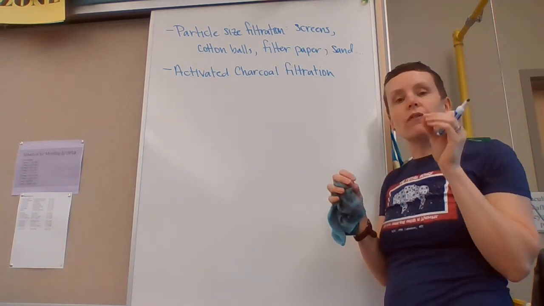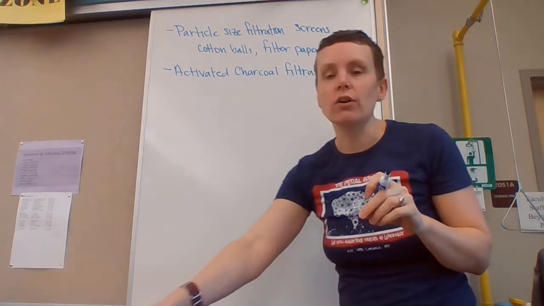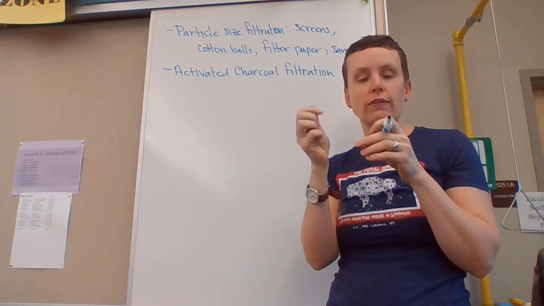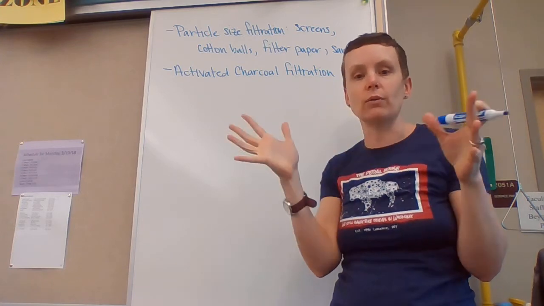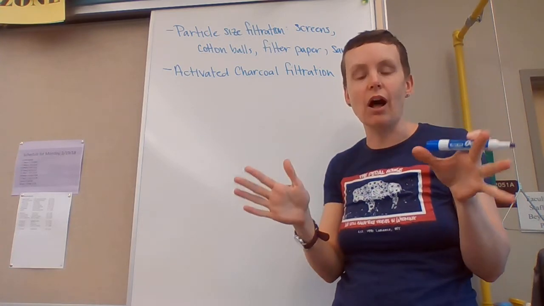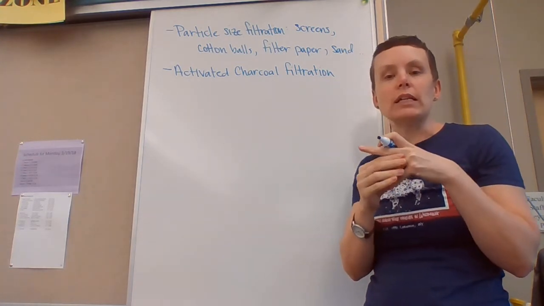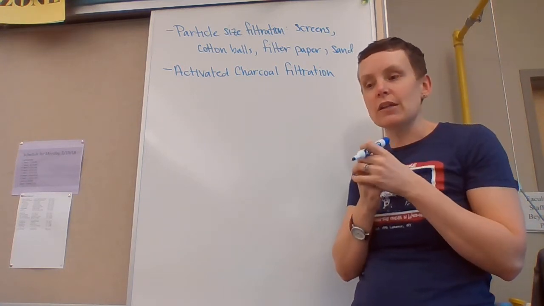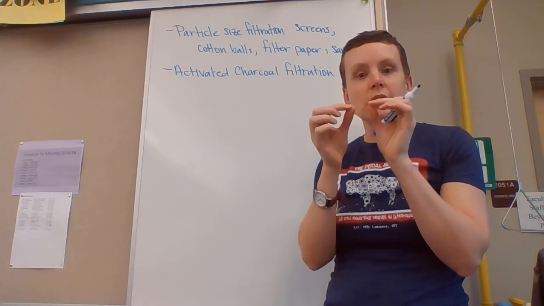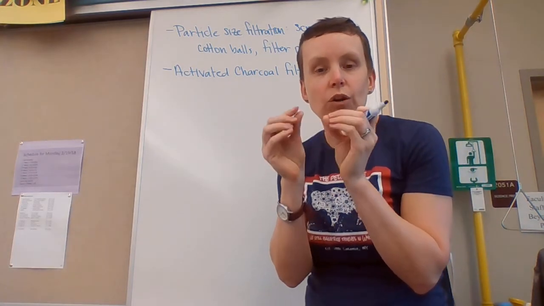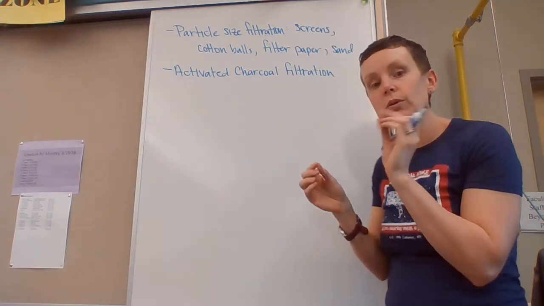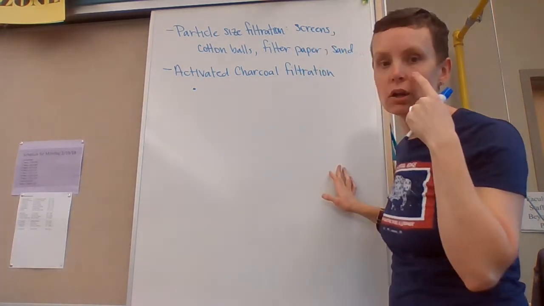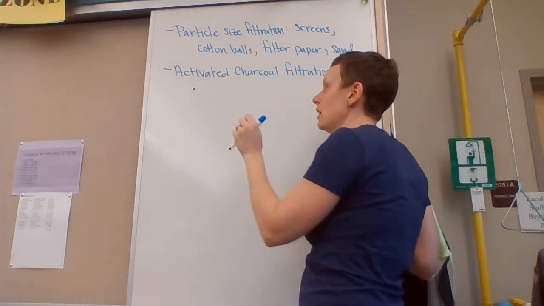If we were to zoom in, activated charcoal is a black, dusty, powdery charcoal. If you get it on yourself, it's going to get everywhere, and it takes a long time to get off. If you haven't experienced that yet, hopefully you will in our class. If you zoomed in all the way to a tiny grain of activated charcoal, you would see pores, like pores in your skin, little holes in the surface of the charcoal.